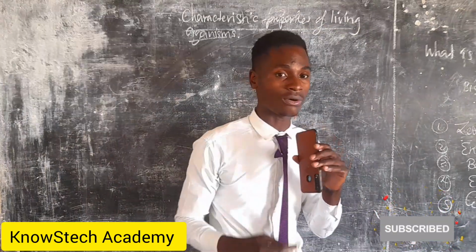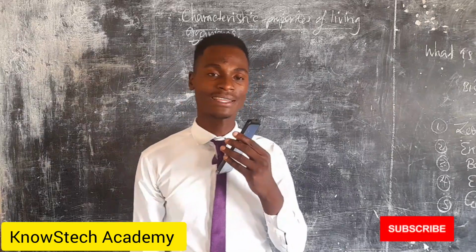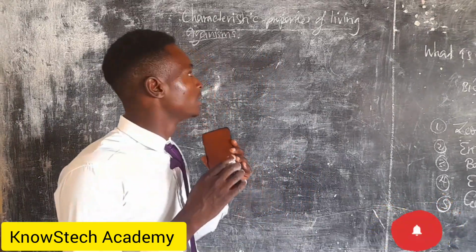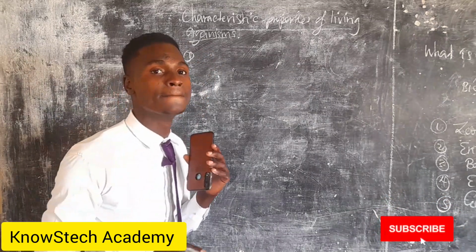How can you know whether this thing is a living or non-living thing? Now, let's look at this. Number 1, there is what we call movement.